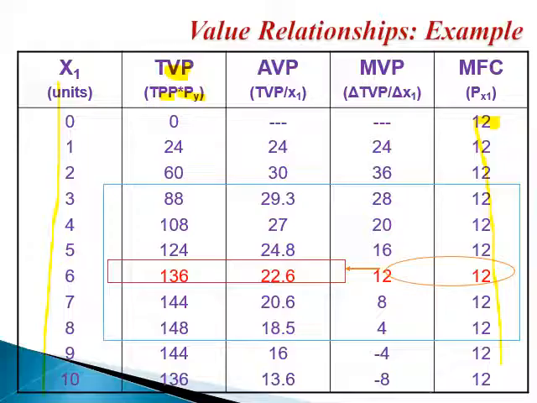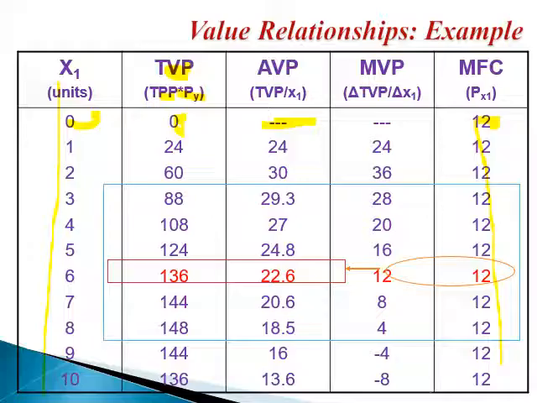So here, remember, it is obtained by dividing total value product or total revenue or total receipts or total returns by the amount of x1 used, which is the variable input. So here 0 divided by 0, as you can see, it's undefined because it doesn't have a number.